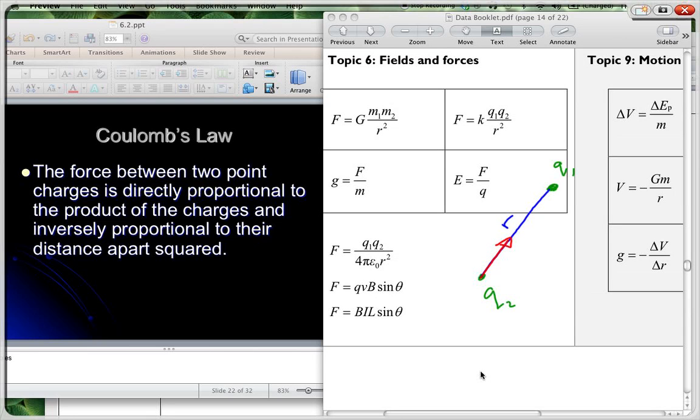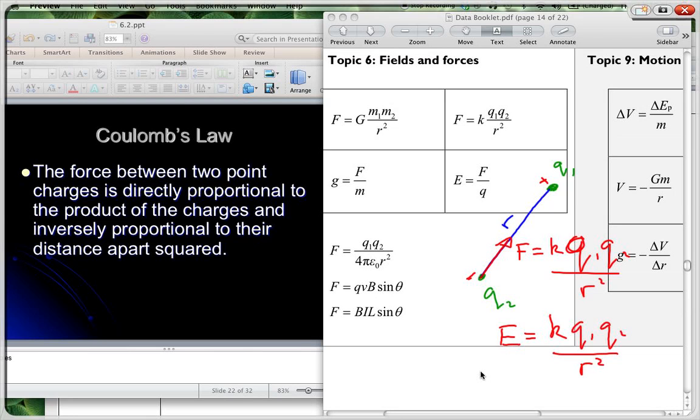If this is negative and that's positive, there'll be a force of attraction between the two. So the force will equal K Q1 Q2 divided by R squared. Now, the electric field strength, the E, would equal K Q1 Q2 over R squared.